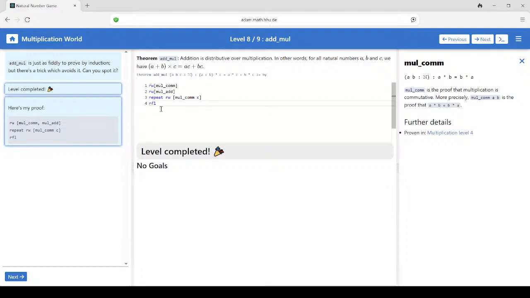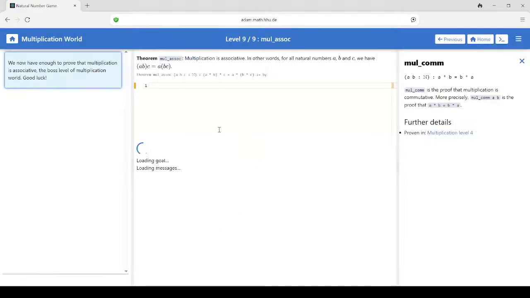Oh, well, I can just type it in and it'll... Okay, I don't know. I don't understand that.